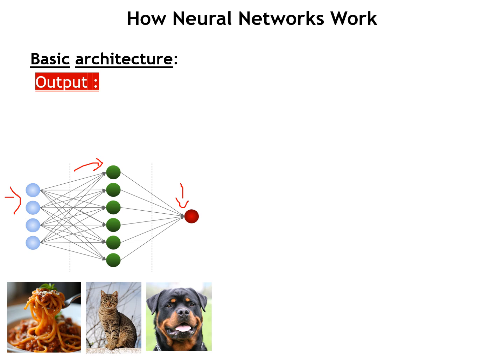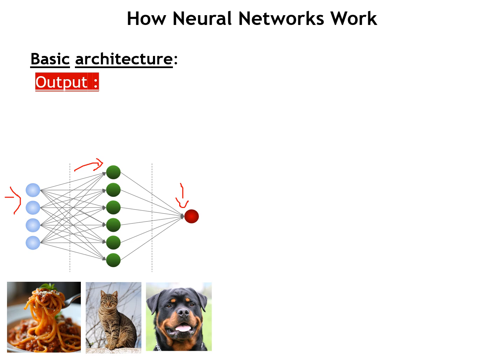You can set it up so that from 0 to 50 is not a dog, from 50 to 100 is a dog. Depending on the architecture, you can also have three options: from 0 to 25 is pasta, from 25 to 75 is a cat, and the rest, higher than that, will be a dog.